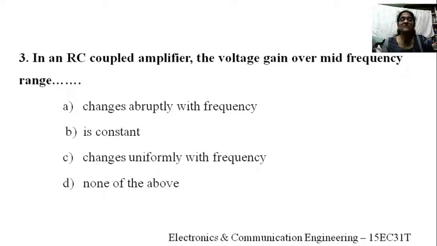At the mid frequency, what happens? Due to the capacitive reactance of the input and output coupling capacitors and CE capacitors, the effects may cancel each other. So at that time the voltage gain is maintained constant, right? So therefore answer B is the correct answer for this question.